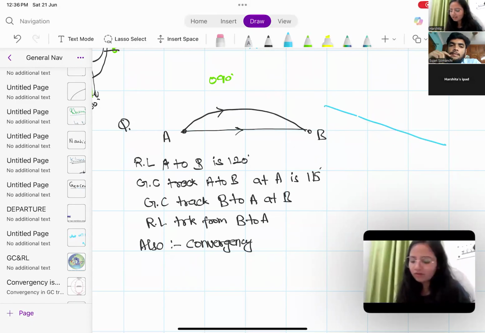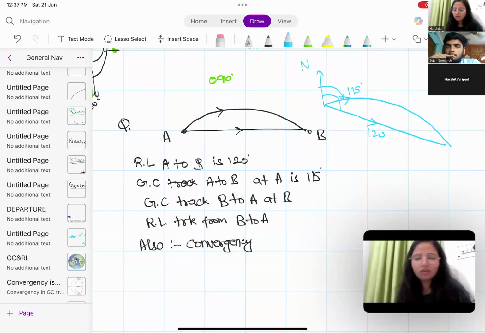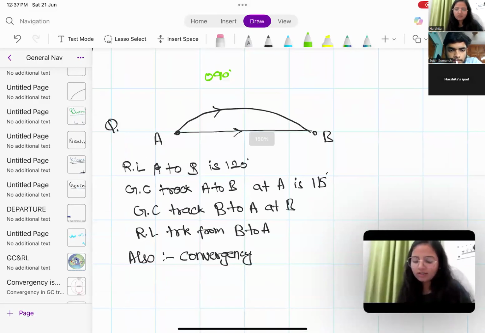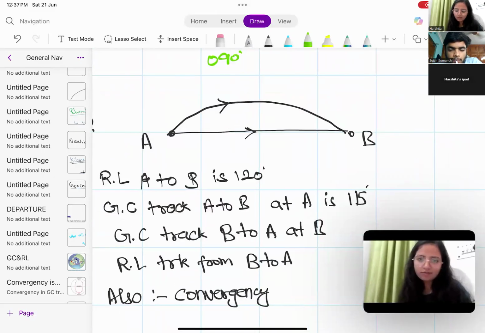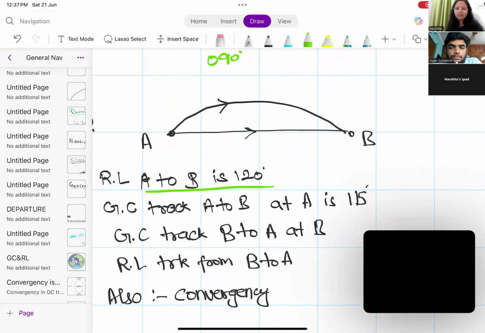Even if you draw it like this, it is 120 degree from the node. I told you everything will be measured from the node. This is 120 degree, and the great circle track A to B calculated at A is 115 degree. So from the node, if you measure, it will be 115 degree. Instead of making the diagram tilted, we are going to consider making the diagram straight itself.